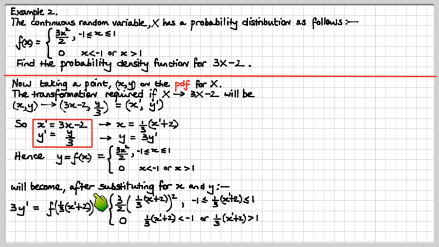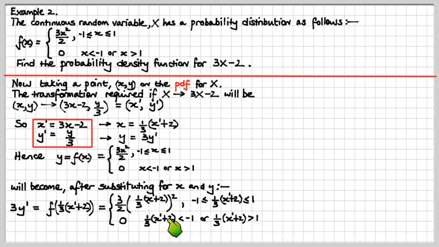That's going to be 3 over 2, the transformed x squared, where we've got 1/3 of x dashed plus 2 going from -1 to +1 inclusive, and down here the PDF equals 0, where it used to be x less than -1 or x greater than 1.